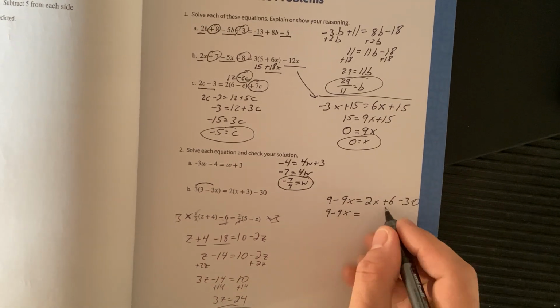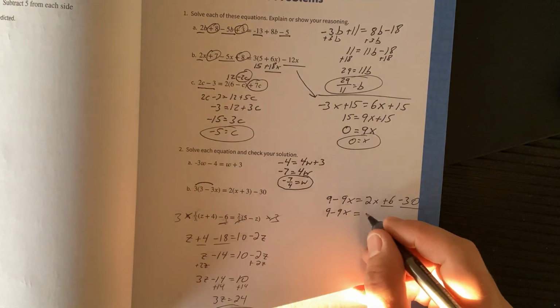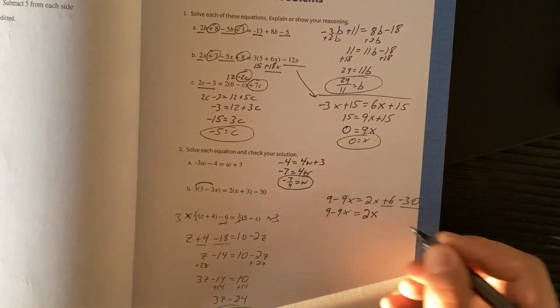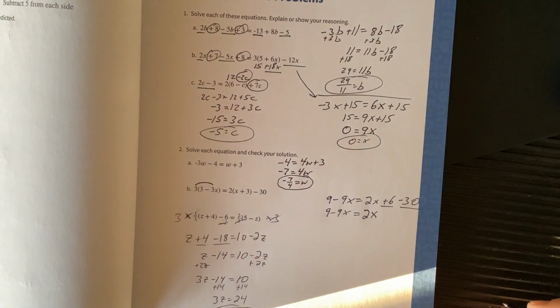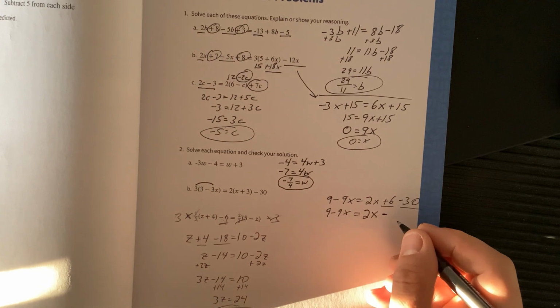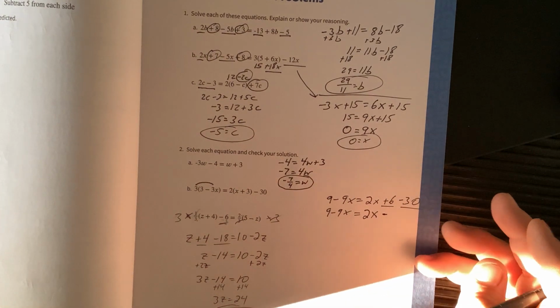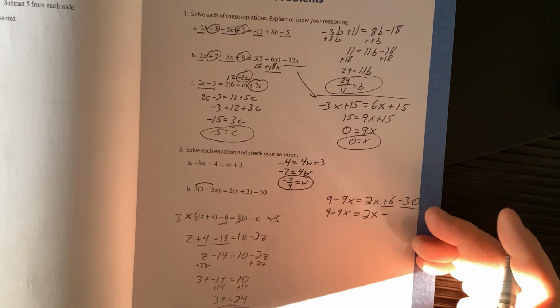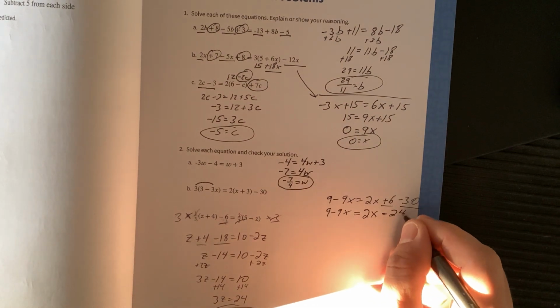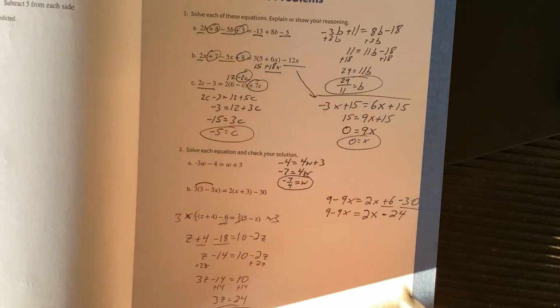Right side, I'm going to combine these 6 minus 30. You have $6 and you spend 30. How's your account doing? Have 6, spend 30. 6 minus 30. $24 in the hole. All right, I'm going to add 9x then to get rid of that.